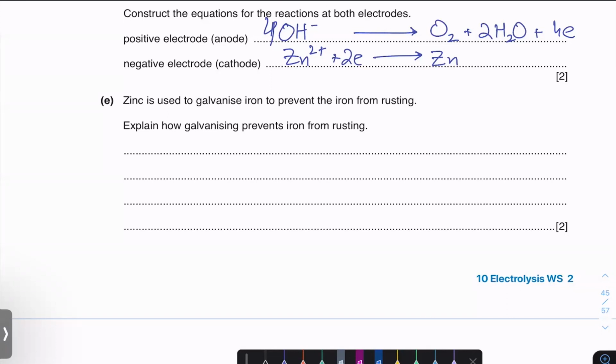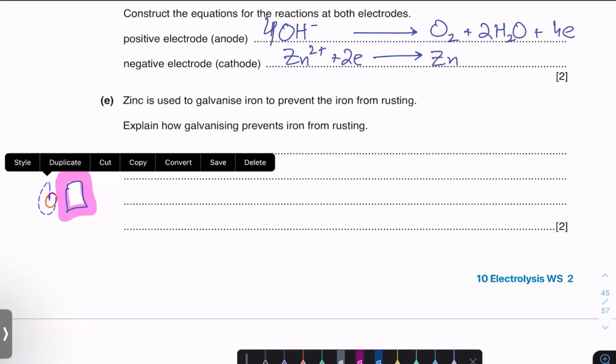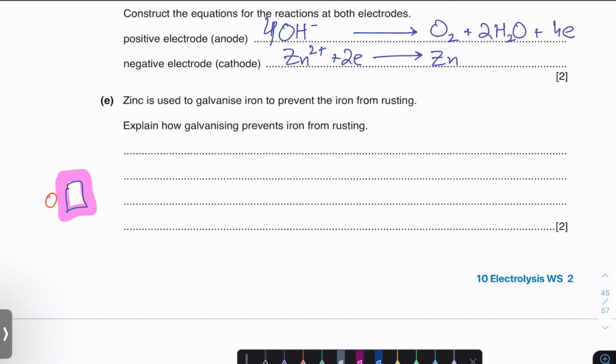Because iron will rust if it reacts with oxygen in presence of moisture या in presence of water. So जब iron के ऊपर zinc की layer आ जाएगी तो oxygen उससे react ही नहीं कर पाएगी, क्योंकि ये iron है let's say और इसके ऊपर ऐसे zinc की एक layer है, तो जो oxygen इसके साथ react करना चाहता है तो वो इस layer से collide करेगा, iron तक तो पहुंचा ही नहीं, तो इसकी वजह से वो react नहीं कर पाएगा. And that's what we have to write here.